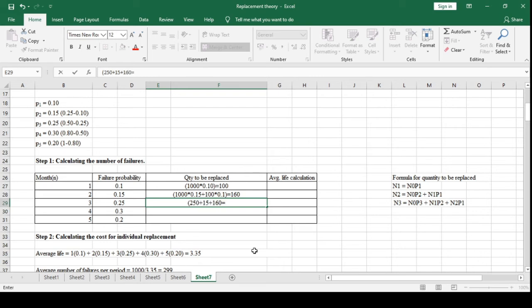The total sum of the quantity to be replaced is 281.